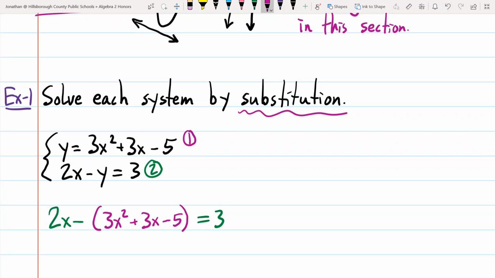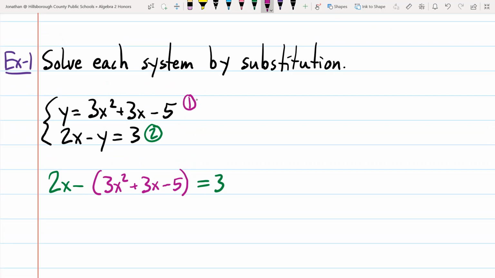Substitution means you're taking something and plugging it into something else. Well, in the first graph, it says y is equal to this. So we're going to take that and swap it out for the y in the second problem. As you see down here, I labeled my first one in sort of a purple color, and you'll see it has taken the place of y in my second problem.